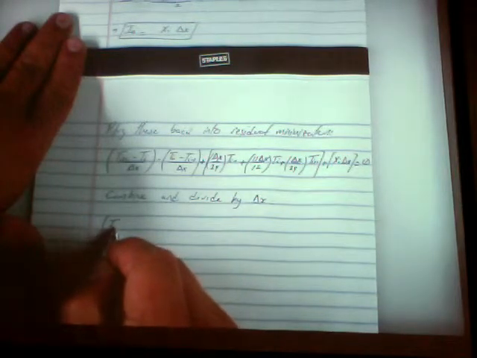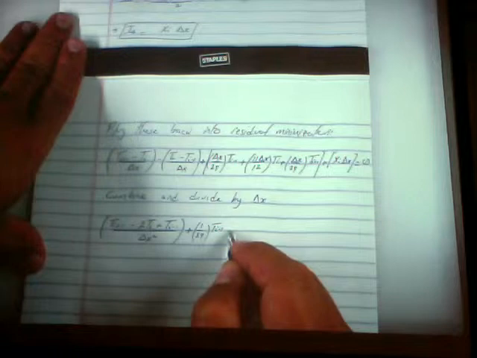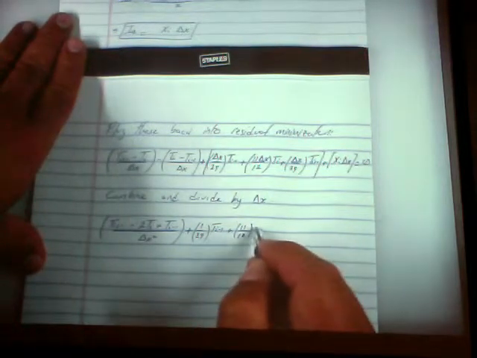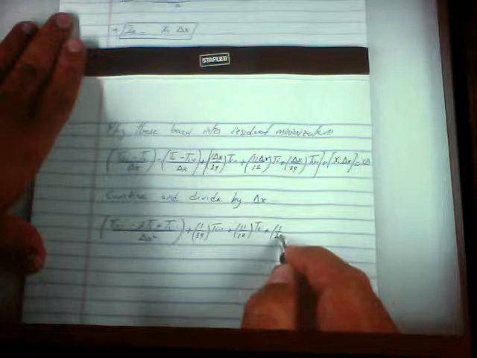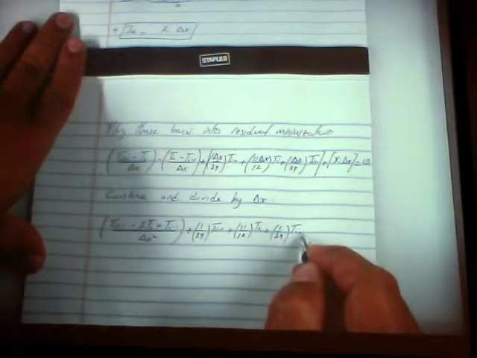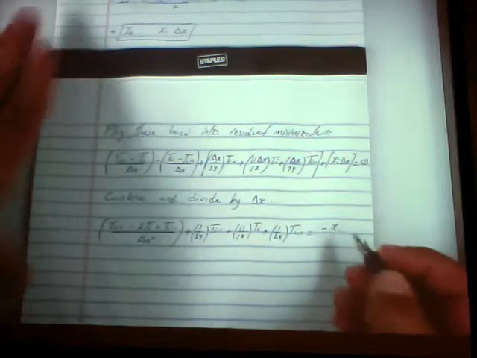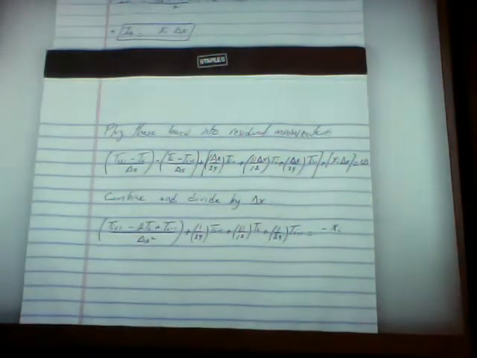So this would be Ti plus 1 minus 2Ti plus Ti minus 1 divided by delta x squared, plus 1/24 of Ti minus 1 plus 11/12 of Ti plus 1/24 of Ti plus 1 is equal to minus xi. I've divided everything by delta x and pushed the xi to the right because that is the forcing function.